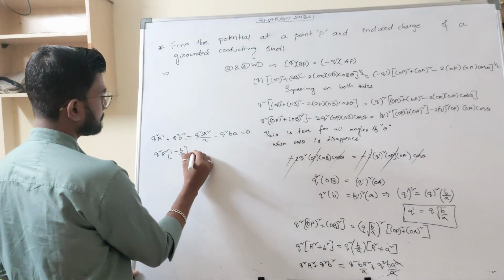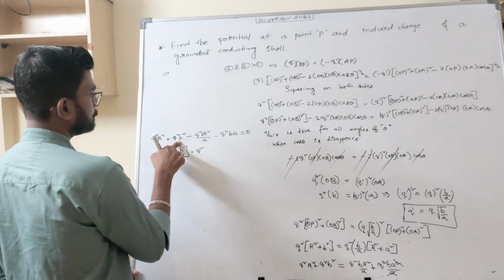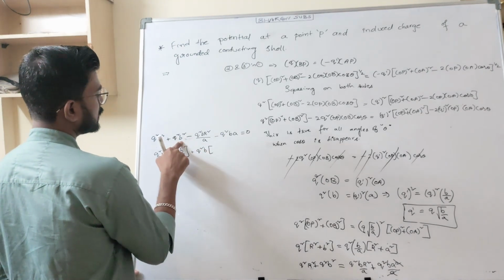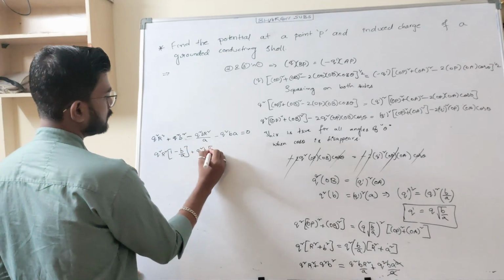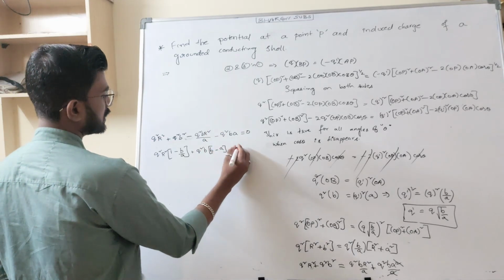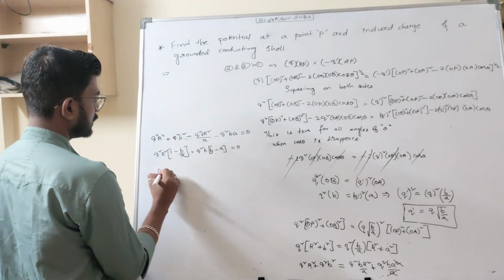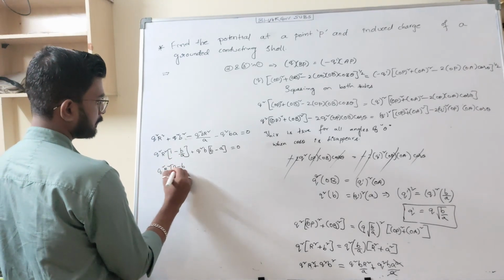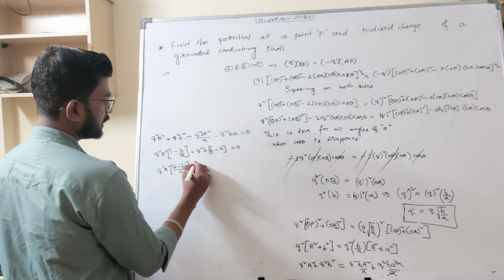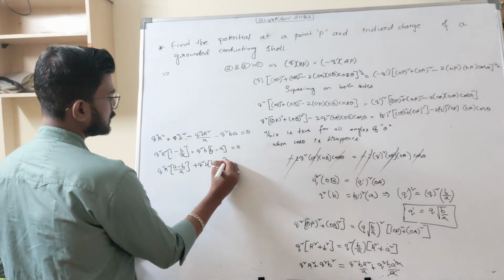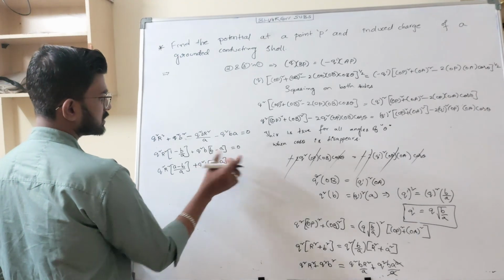What will I get here? b minus a is equal to 0. So q square r square into a minus b by a plus q square b into b minus a is equal to 0. I am transferring this term to the right hand side.